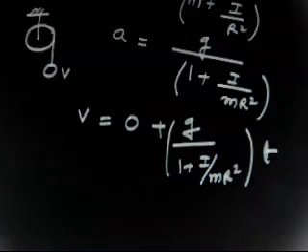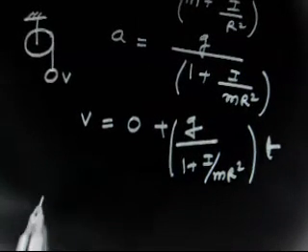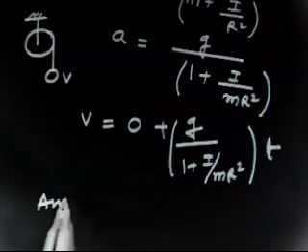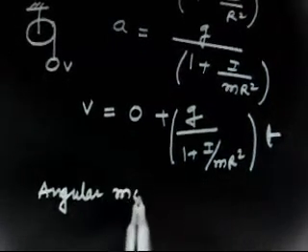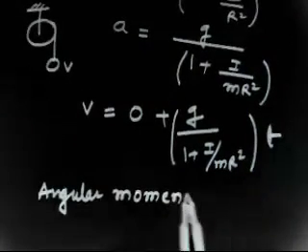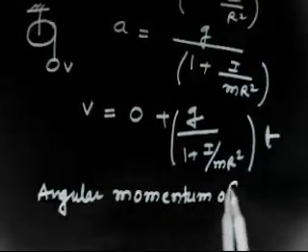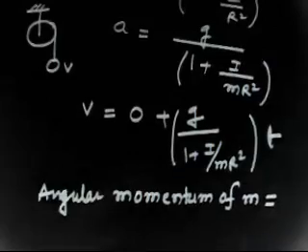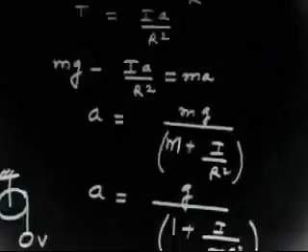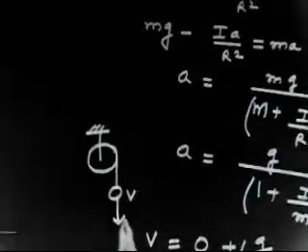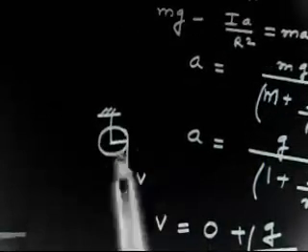So I can say angular momentum of mass m will be equal to mvr. You see here, velocity is going in this direction, and r is this perpendicular distance from the point of axis.